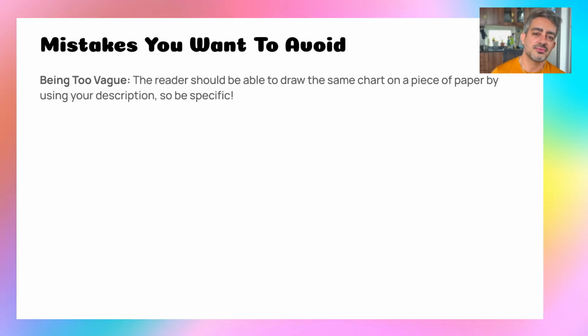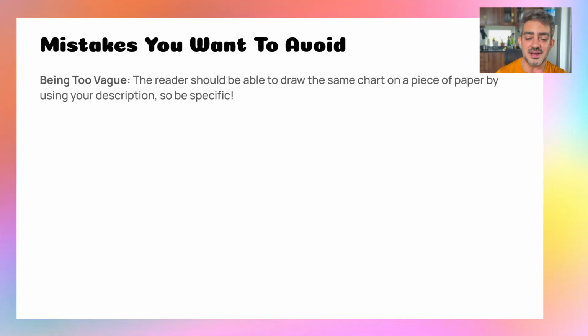So when you write this, you need to imagine that the person that's reading what you write is going to look at what you've written and will try to draw the same chart using only the information that you wrote. If you wanted someone to be successful in doing that, you would want to give very specific information in your writing so they know exactly how to redraw this table.